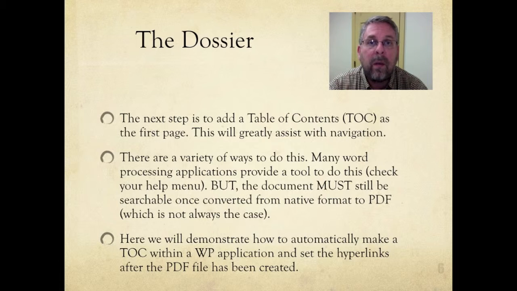You should check to see how your word processing application constructs a table of contents, and to also make sure that that table of contents stays stable and searchable once it's converted to a PDF document, which is not the case in all instances. What I'll do is I'll demonstrate how to automatically construct a table of contents using Microsoft Word, and then how to make hyperlinks associated with this table of contents once we convert it over to a PDF document.